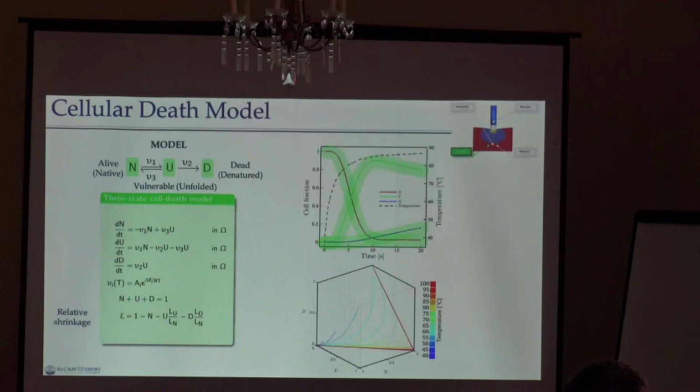So this is a quite simple kinetic model, but from this model you can derive a relative shrinkage of this protein, Xi, which enters into the strain energy thermoelastic function. So the coupling of the changing of the thermoelastic potential is also due to the local changing of the cell dynamics.